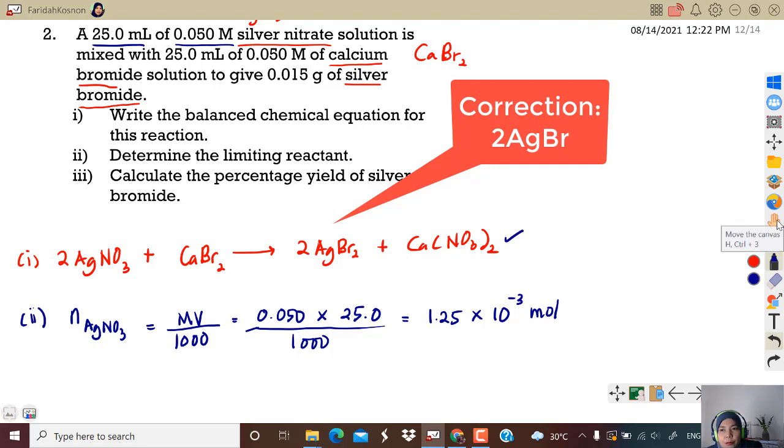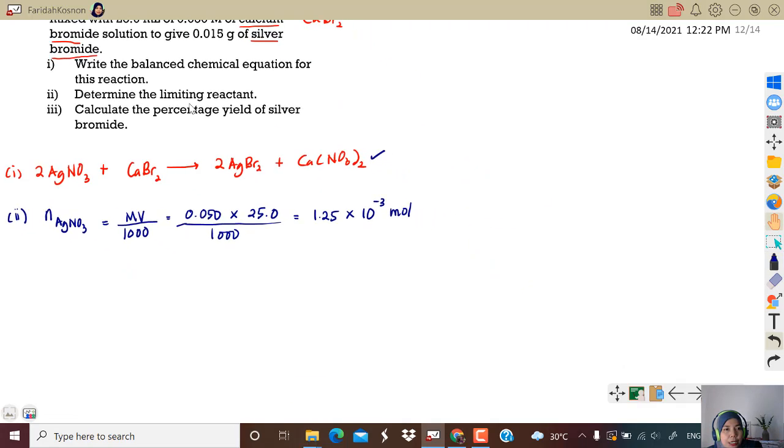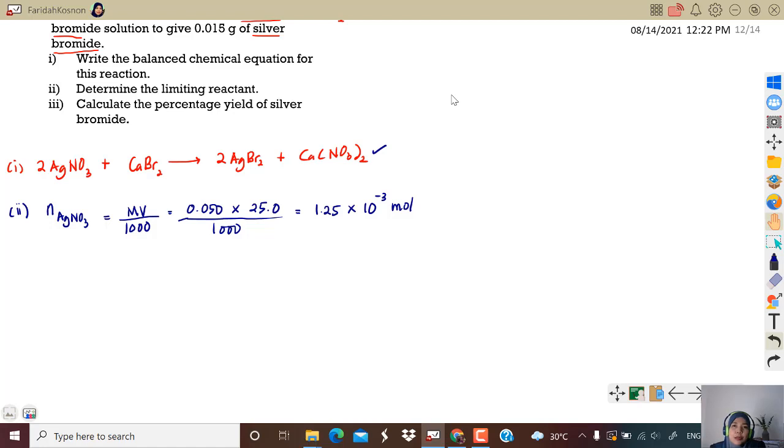Next, continue with the mole of calcium bromide. You may refer to the question, because I need to shrink the screen a bit. The other reactant, calcium bromide: of course we have volume and concentration.